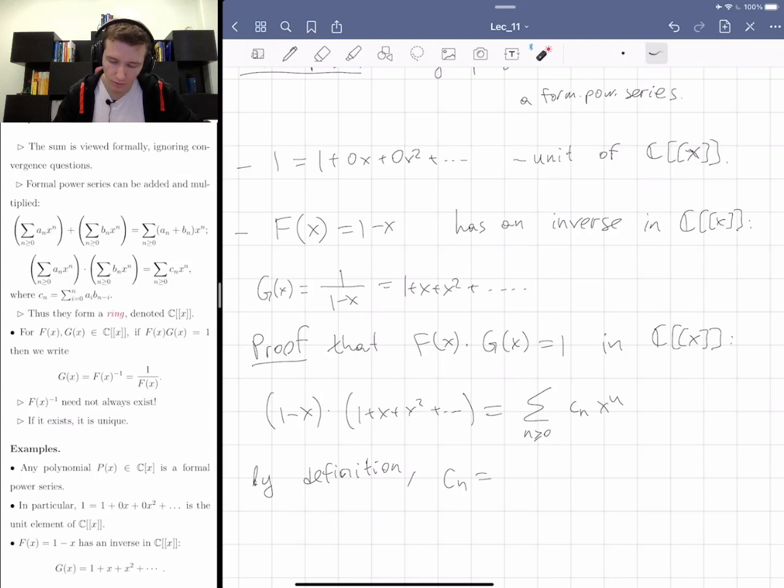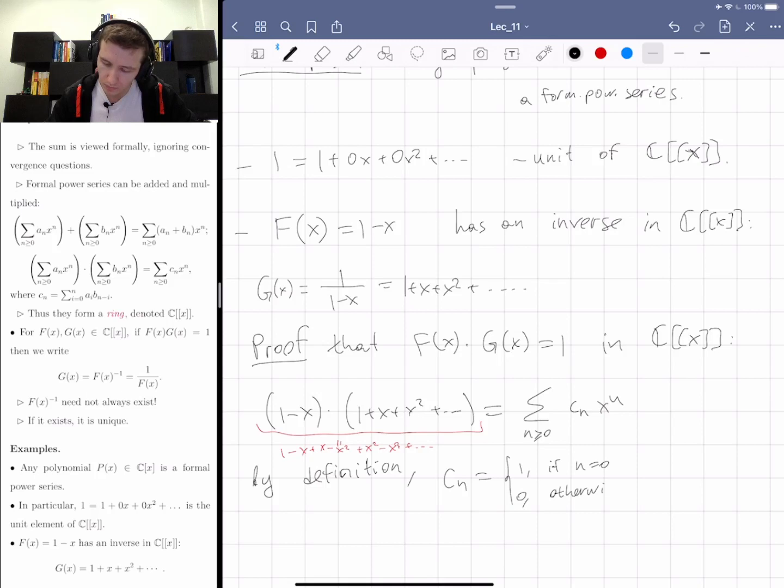The sum is basically 1 minus x plus x minus x squared plus x squared minus x cubed plus etc. These c_n coefficients are obtained by summing these two, so c_n is either 1 if n is 0 or 0 otherwise. And that's why the right-hand side is equal to 1.